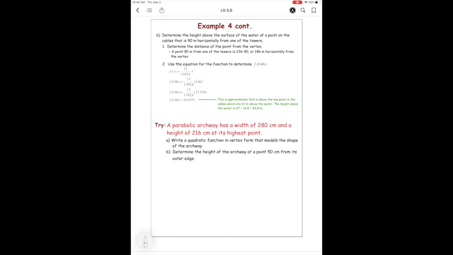So what does that mean? Let's just draw a sketch here. So here is that cable, making that parabola. All right, here are these towers. And remember, this guy was our vertex.